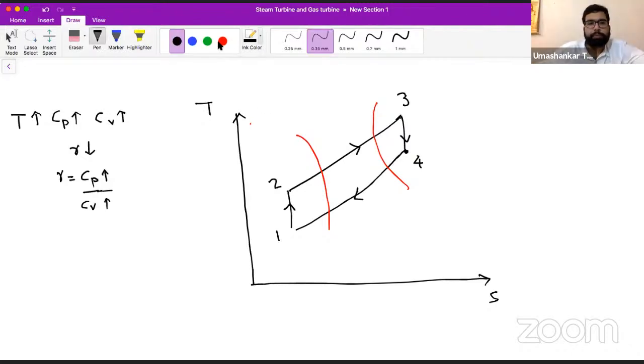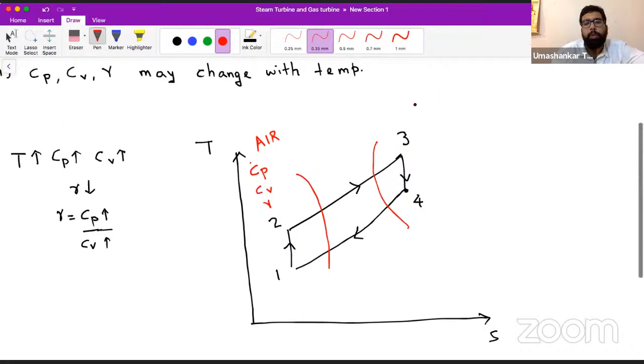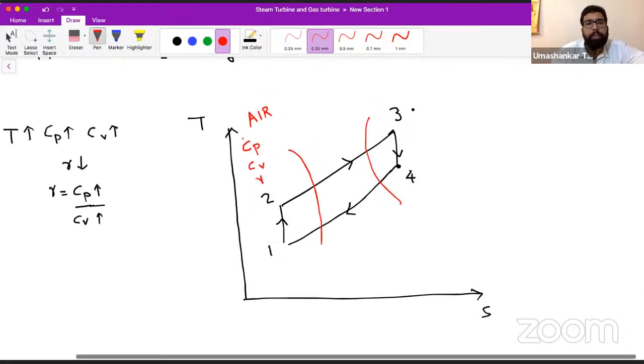So now see. Here we have Cp, here we have Cv, and here we have gamma. So I will call it air. But when this air goes through the combustion chamber, due to such high changes of temperature, we can say the properties have changed and I will call it gas.